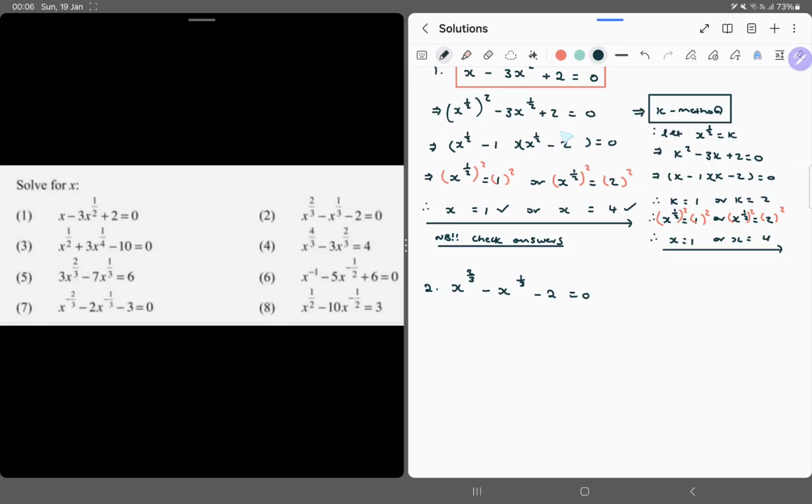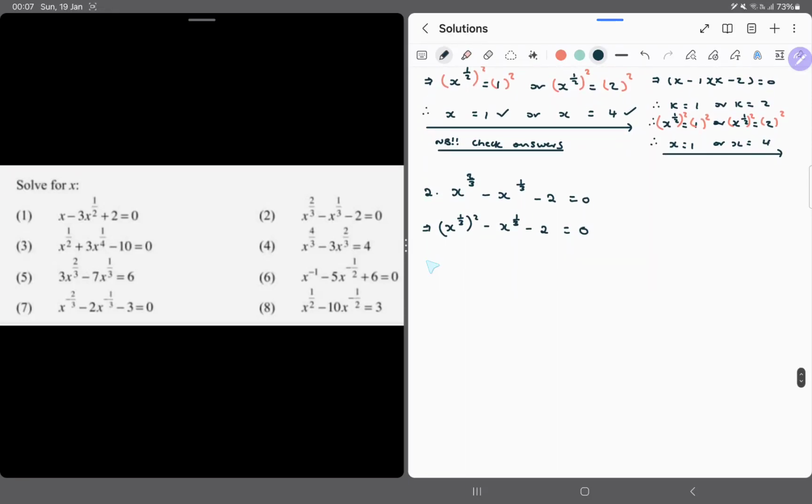But I would advise try to look at things without trying too many simplistic approaches. Now let's have a look here, guys. What do we see? Of course, the smallest power is a third, and this is here as well. So this is the same as x to the a third all squared minus x to the exponent a third minus 2 equal to 0. Again, this is a quadratic. We can factorize.